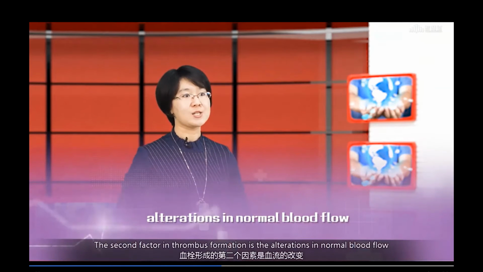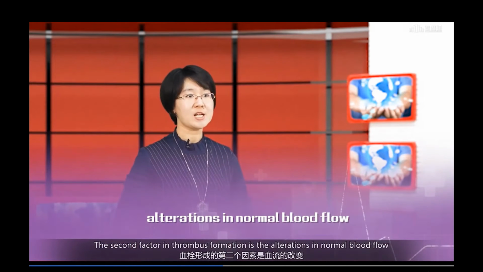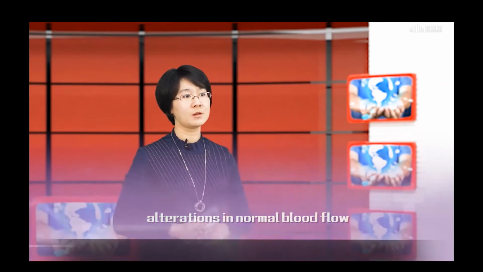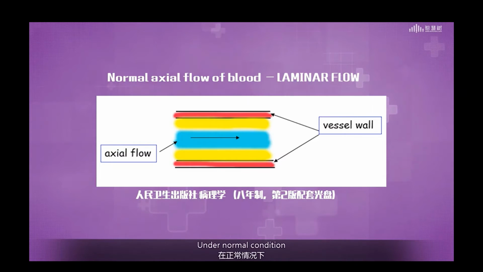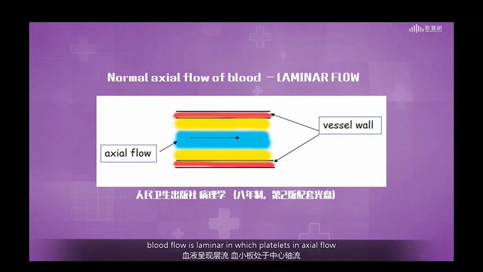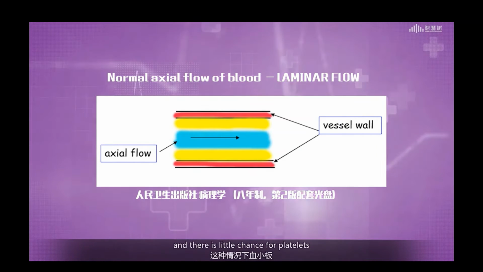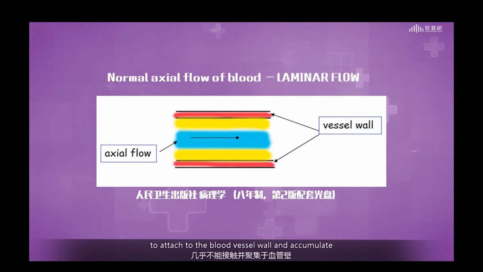The second factor in thrombus formation is alterations in normal blood flow. Under normal conditions, blood flow is laminar, in which platelets in axial flow are separated from the endothelium by plasma in the edge flow, and there is little chance for platelets to attach to the blood vessel wall and accumulate.